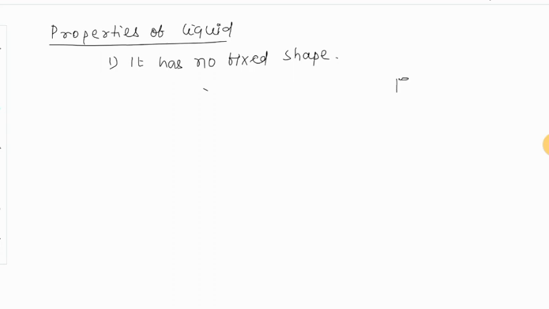Let us consider a bottle, and the bottle has a liquid. Now the shape of liquid is like this bottle. But the same liquid, when it is kept in a glass, occupies the space of the glass, hence its shape is like the glass. So liquid has a shape equal to that of the container where it is kept.